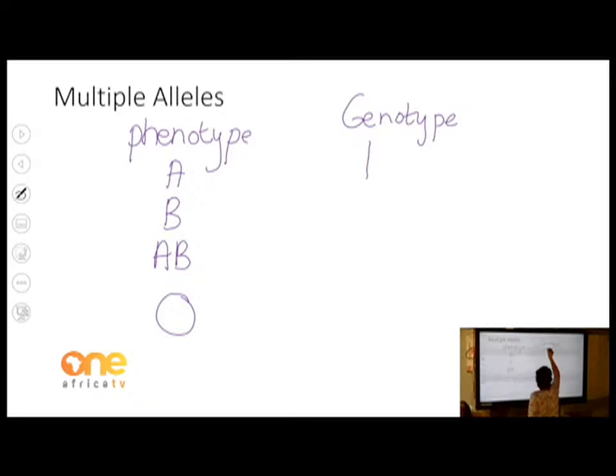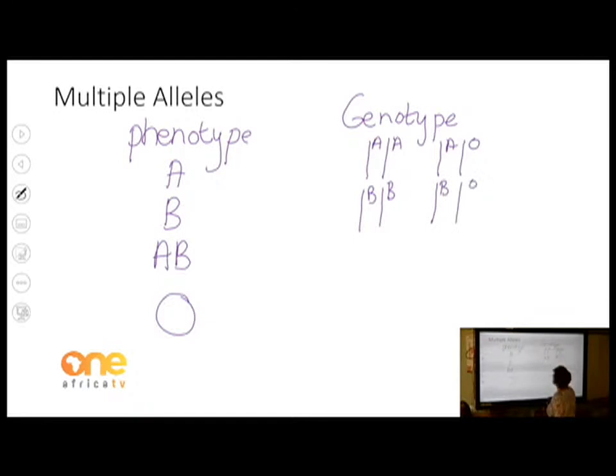Okay, so if I am blood group A, I can be homozygous or heterozygous. If I'm blood group B, I can be homozygous or I can be heterozygous. Blood group A, B, there are only 2 spots, remember? But we have 1, 2, 3 different alleles.